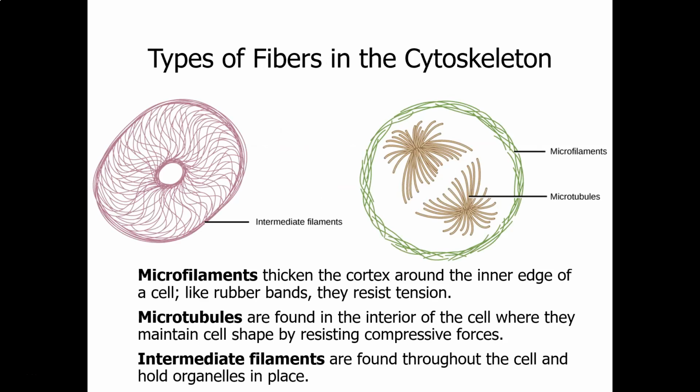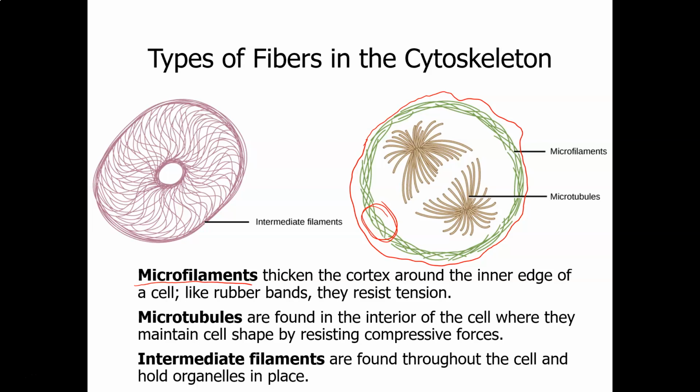So the types of fibers are, the thinnest fibers are the microfilaments, and you find them on the outside part of the cell, right up close to the plasma membrane. So if these are your microfilaments, the plasma membrane would be here. I'm drawing it very badly, but that would be your plasma membrane. The microfilaments are in the cortex, which is the outside of the cell, the closest part to the plasma membrane.